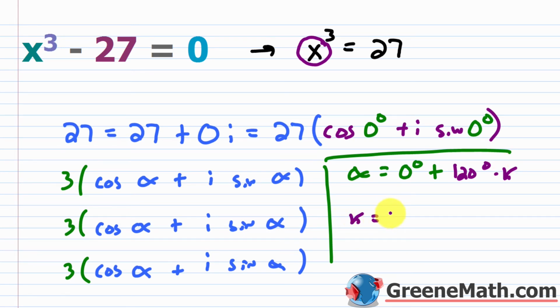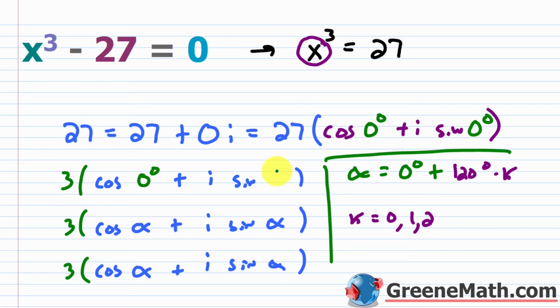Basically, your pattern is what? It's 0, 1, 2, 3, up to n minus 1. Let me put a comma in there to make that complete. And basically, you have 3, so 3 minus 1 is 2. So in this case, we would only go up to 2. Okay, so that's how that works. So I'd start with a 0 there. And of course, 0 degrees plus 0 degrees is just 0 degrees. So the first guy here is just going to be 0 degrees.